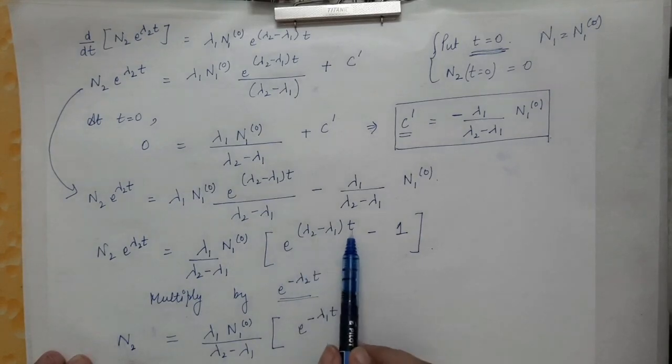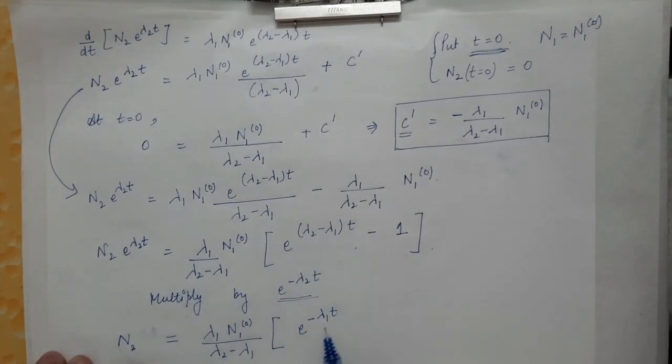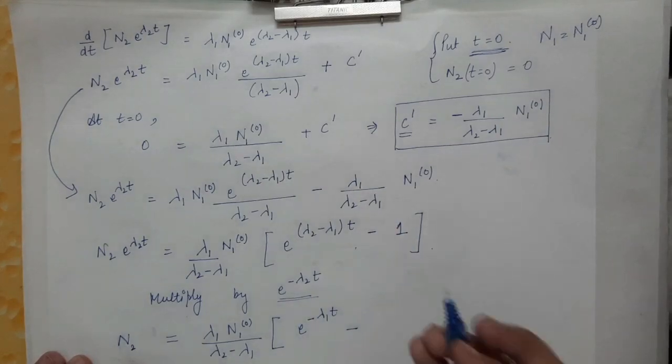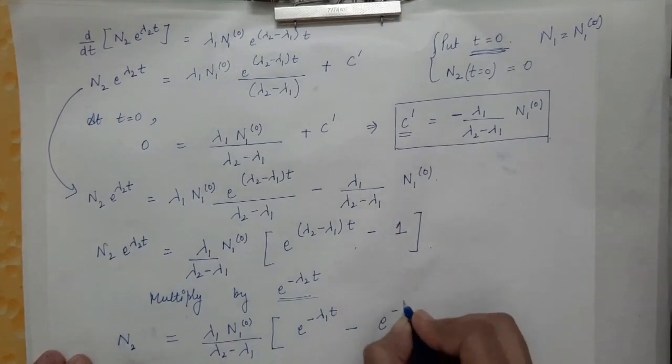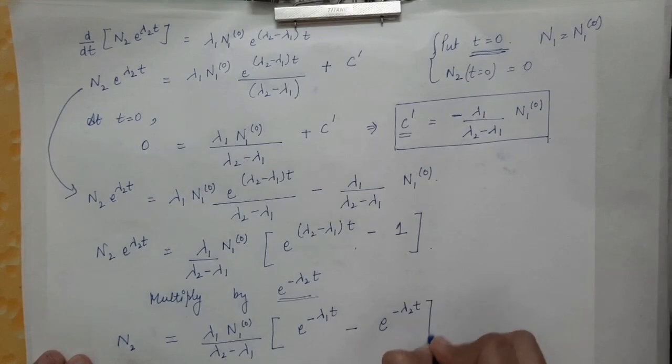So lambda 2t and minus lambda 2t will cancel with each other. So you will just get e power minus lambda 1 into t, and minus, you will multiply e power minus lambda 2t here also, so you will simply get e power minus lambda 2t.